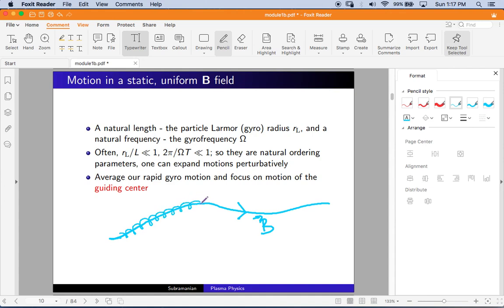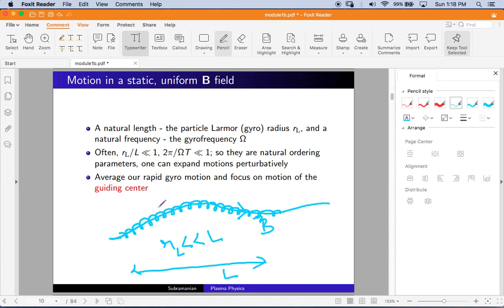Now, it would be intuitively obvious to you that if the gyro radius R_L is much smaller than some length scale over which there is appreciable change in the direction of B, then we don't really need to focus on the gyro motion, or on the fact that the electron is gyrating.